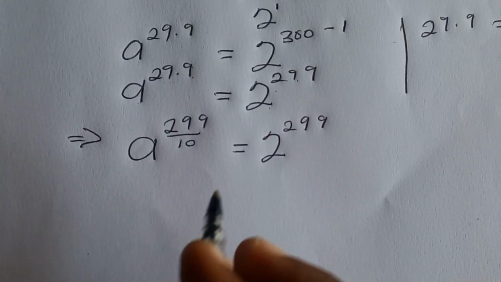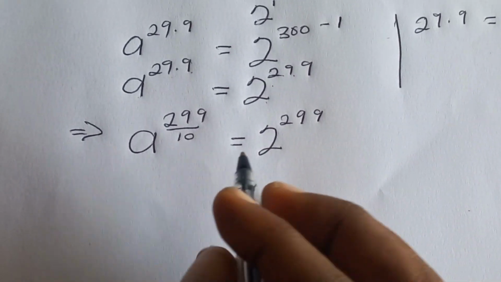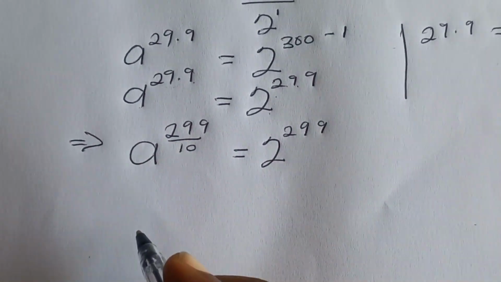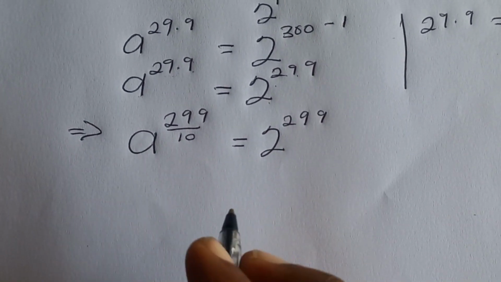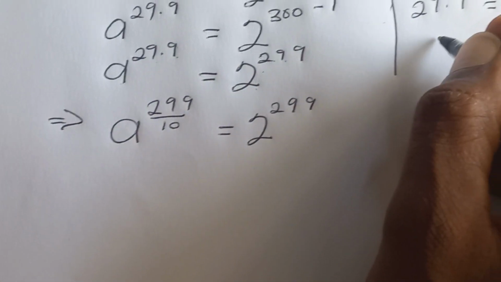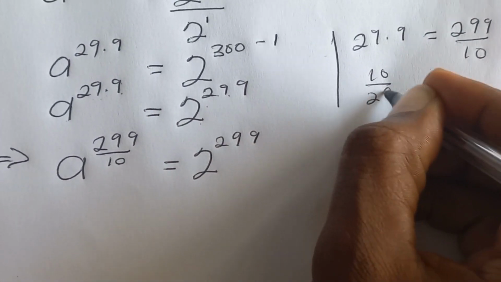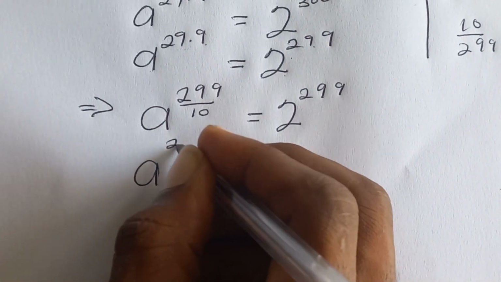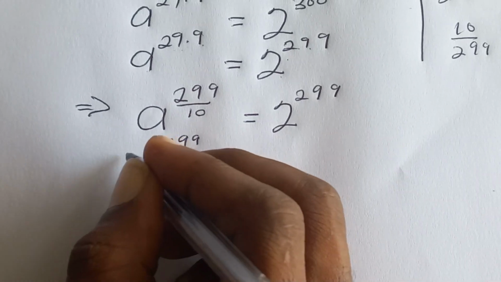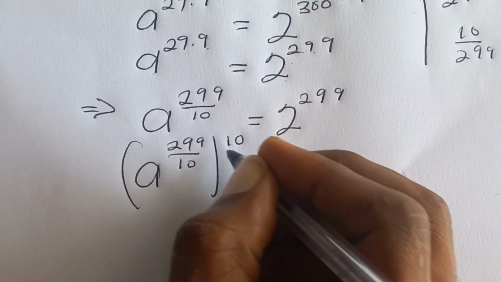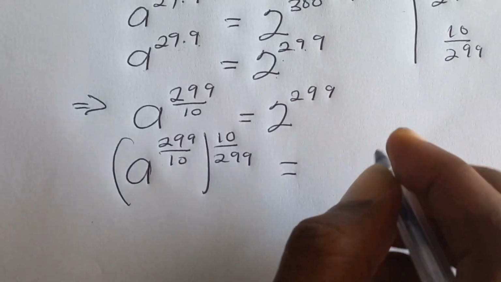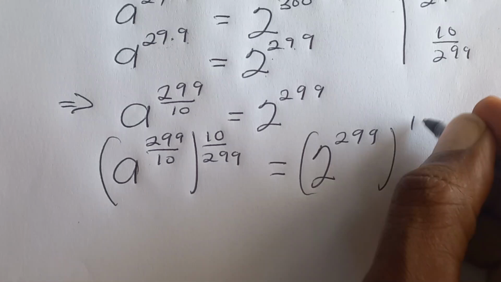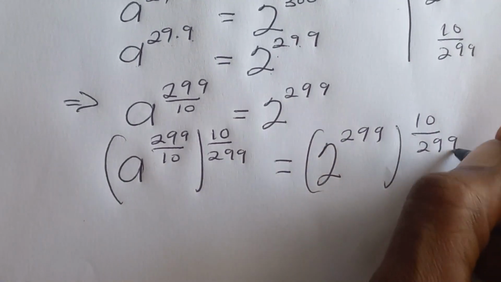Now we need the value of a, so we are going to find the reciprocal of 299 over 10 and multiply by the exponent. The reciprocal is 10 over 299. So we are going to get a exponent 299 on 10, brackets 10 over 299, which is equal to 2 exponent 299, bracket 10 over 299.